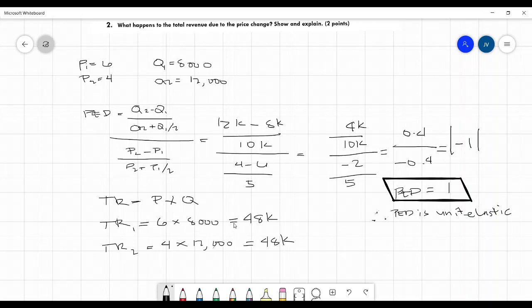Alright, so the answer for number 2, what happens to the total revenue due to the price change? Show and explain. This is how you show it. The total revenue remains the same, or total revenue is constant after the price change. So it supports our answer for PED. If total revenue is the same after the price change, it is unit elastic.